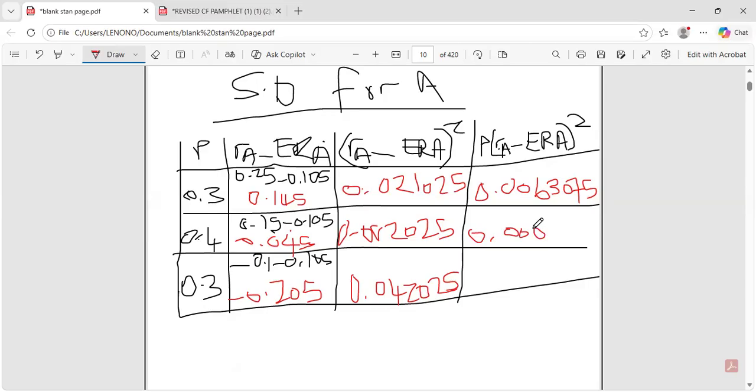Which negative? For the 0.3, the one you're calculating, 0.042025, isn't it supposed to be negative? No, when you square that number, the negative goes. It's the same as negative 2 squared, which will be just 4, not negative 4. Is that clear?